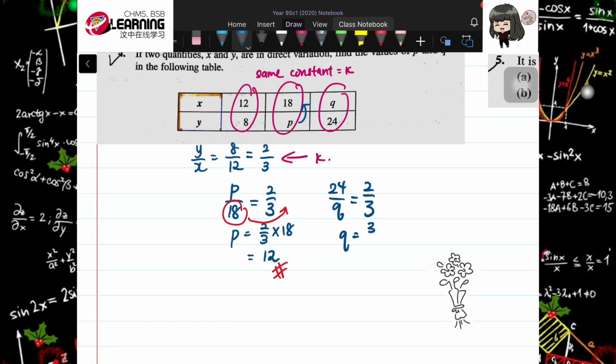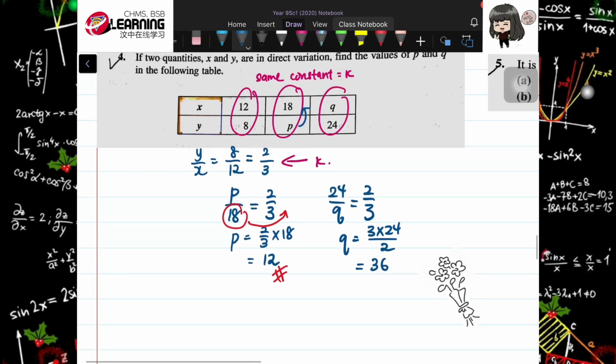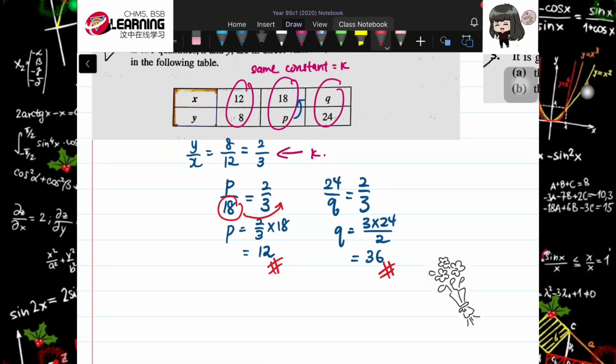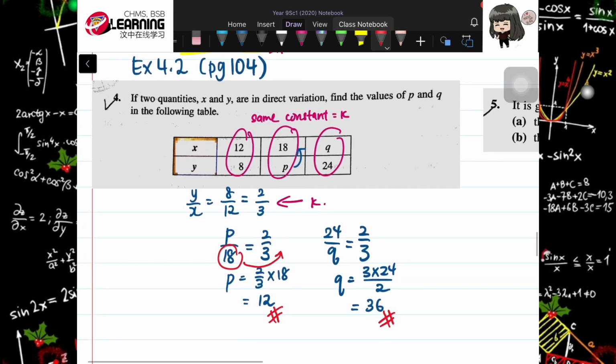So q is 3 times 24 divided by 2, which is 36. So we have found our p and q.